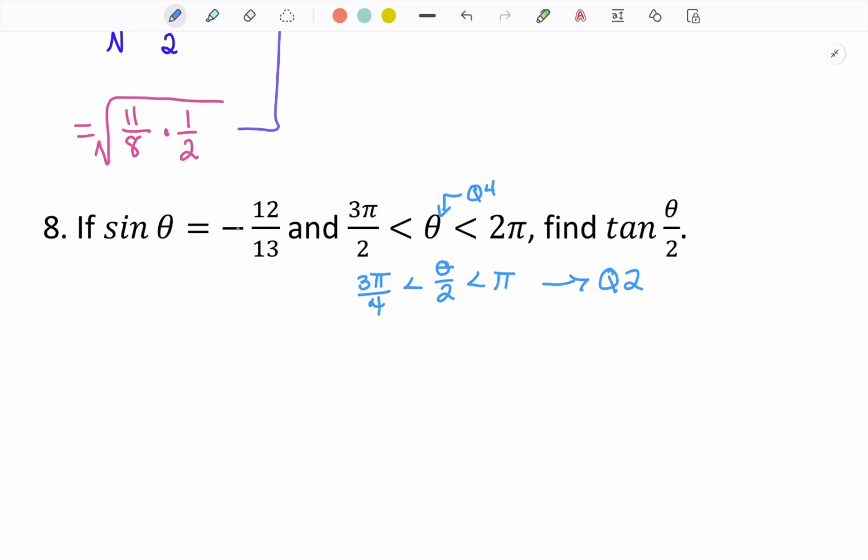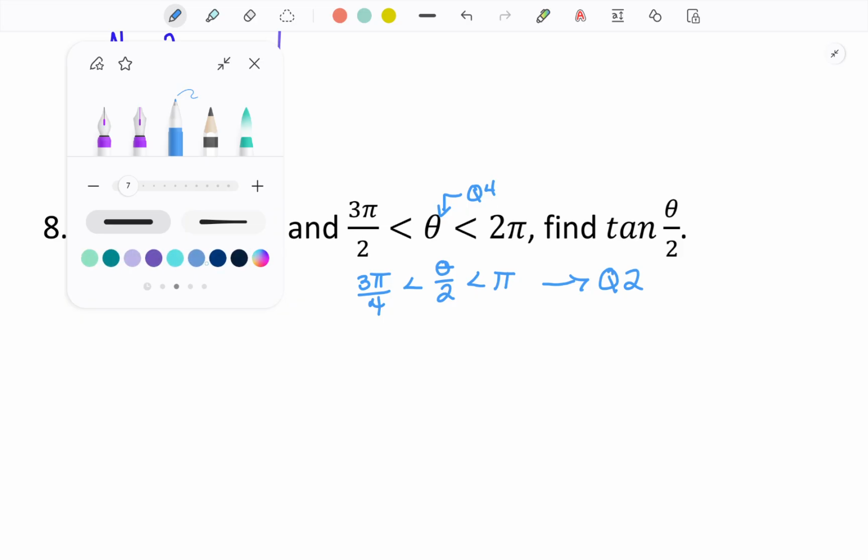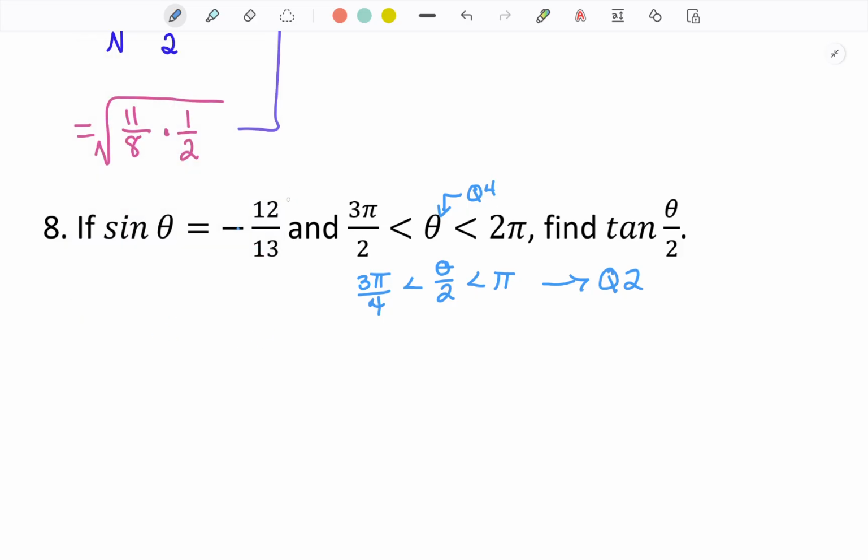So for tangent, we're given sine, and so we have some options. Everything that doesn't require a radical requires both cosine and sine. So what we could do first is go ahead and find the missing piece of the ratio, because our 12 should be our y, our 13 should be our r.